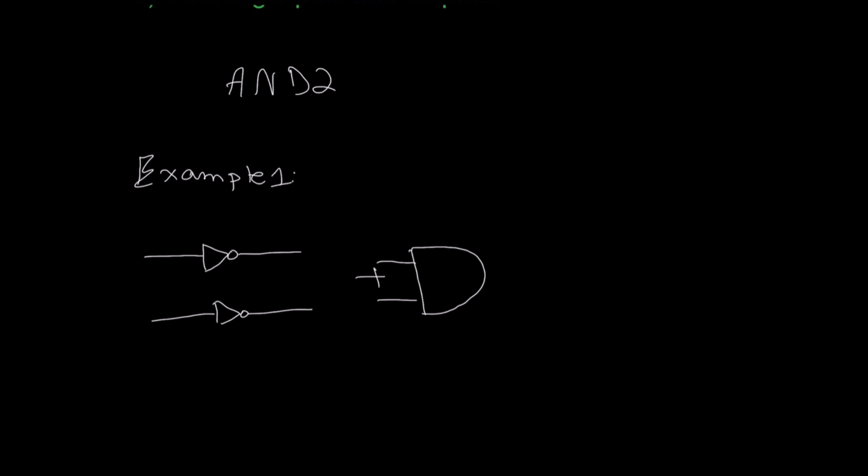Input A, input B. So that is our logic gate, the inputs being inverted. We talked about that earlier. If we add inverters to the AND gate, we will get a NOR gate.